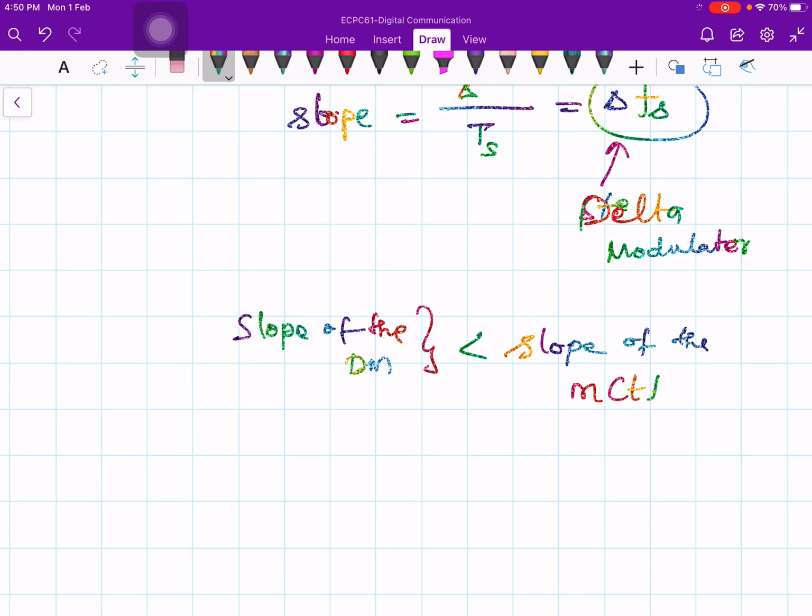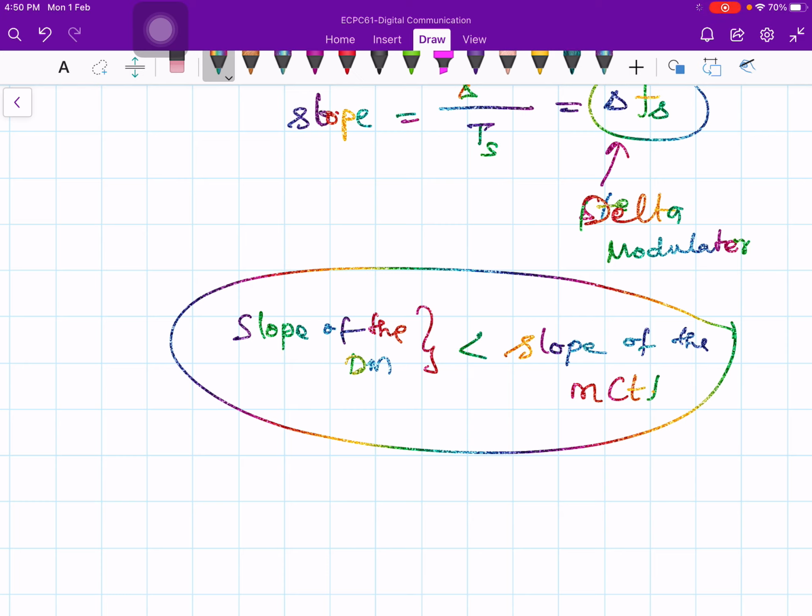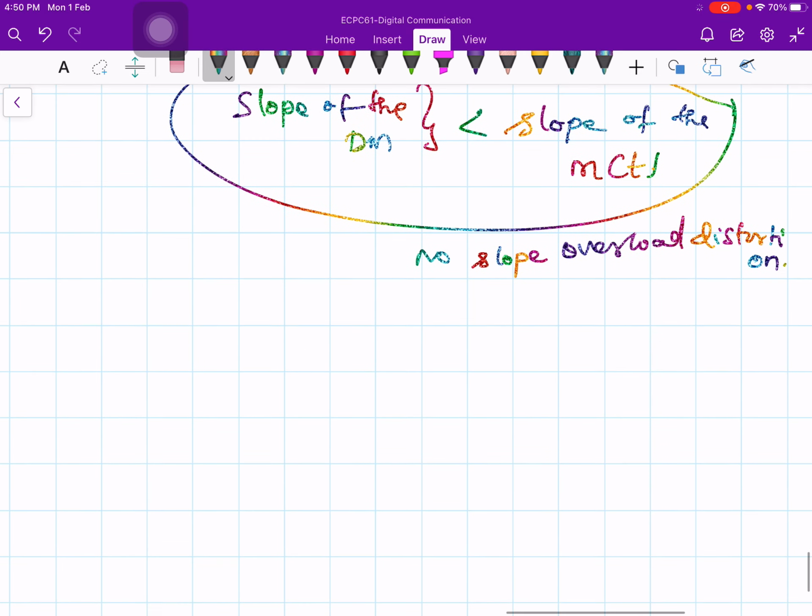So this is the condition for no slope overload distortion. Otherwise, slope overload distortion will be observed.